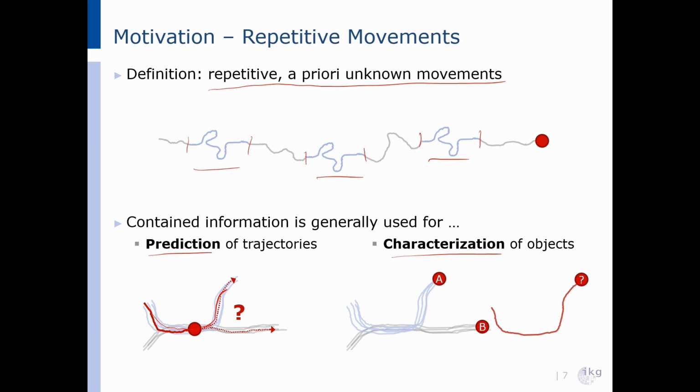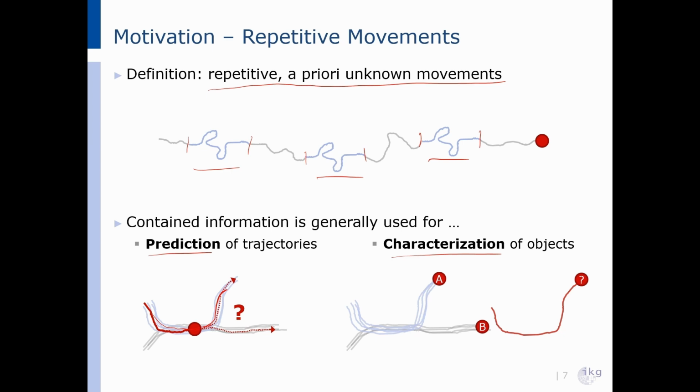On the other side, for the characterization of the objects, we might also have observed several patterns here again, the blue and the gray ones. We observed that the blue one is always used by object A, the gray one is always used by object B. Now we have an unknown object, but we can still observe its movement, compare it to the collected patterns, and maybe infer the identity of the object.